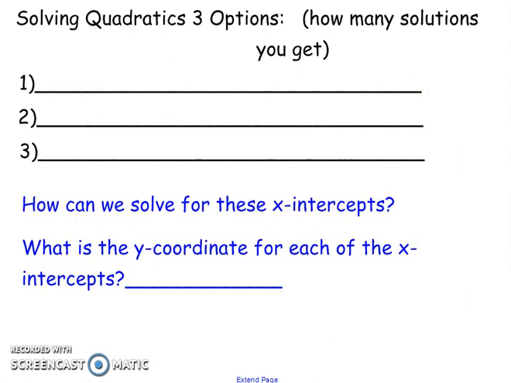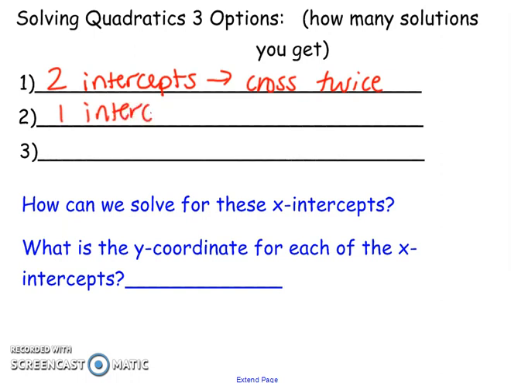We have 3 options when we're solving quadratics, based on how many solutions you get. If you have 2 intercepts, that's the most you can have with a quadratic. That means the parabola is crossing the x-axis 2 times. If you have 1 intercept, it's going to touch it once.